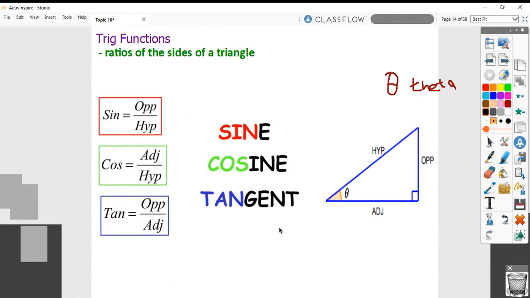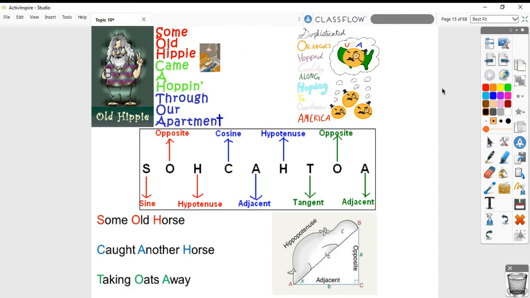But first, I want to talk about these in particular. Sine equals opposite over hypotenuse, cosine equals adjacent over hypotenuse, tangent equals opposite over adjacent. You are working with opposite, adjacent, and hypotenuse in different combinations, and it is very easy to mix those up. So one of your Canvas assignments today is to come up with a mnemonic device to help remember it.